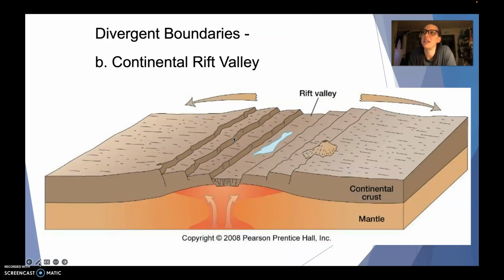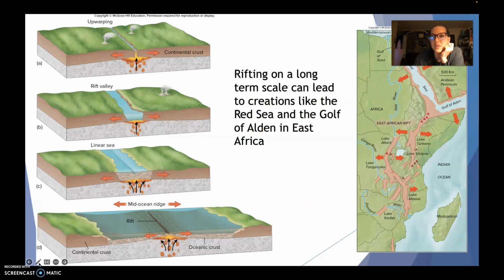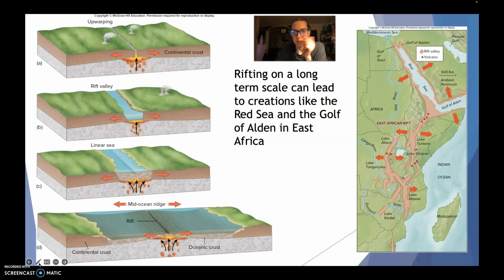Another feature that we can see at divergent boundaries is called a continental rift valley. So as this split is happening, maybe above earth or above water, it ends up filling in with water eventually. And we see that in this feature of the Red Sea. On the east coast of Africa, there's a split happening between Saudi Arabia and Africa, which, I mean, I would split from Saudi Arabia too.